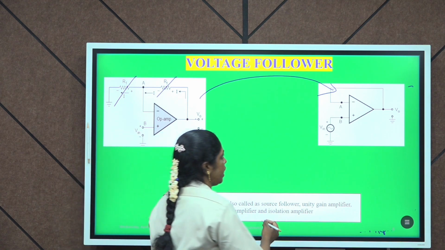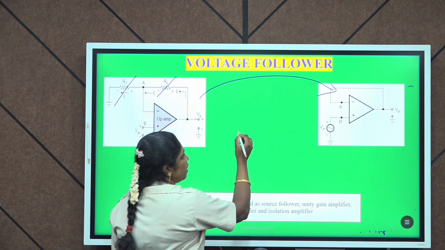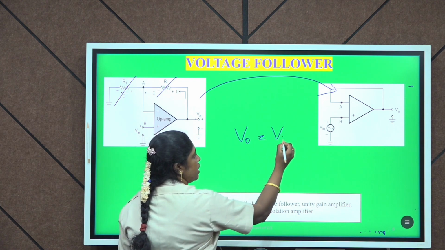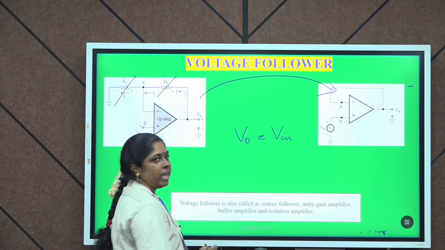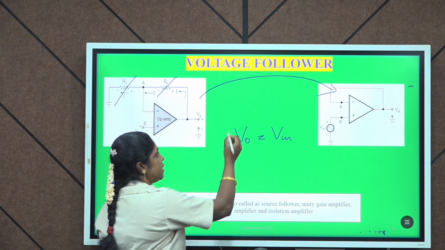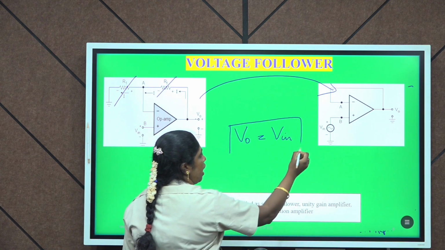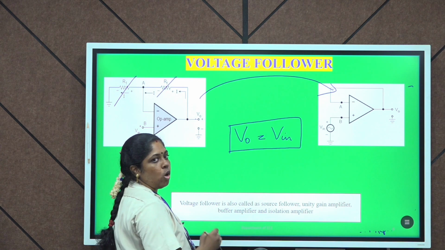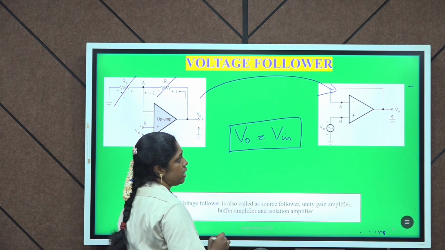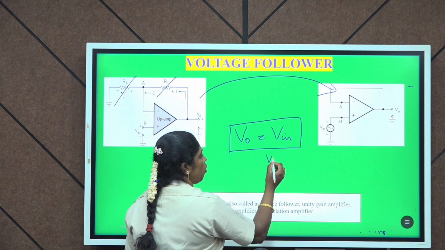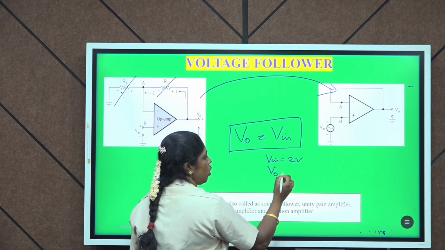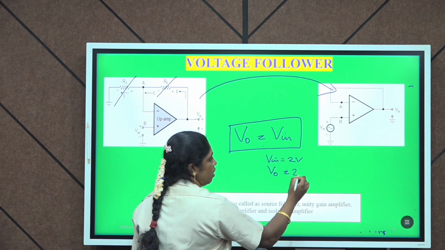In the voltage follower circuit, whatever input is given, we get at the output of the operational amplifier. So the output always follows the input, so we call it a voltage follower. When the input voltage is 2 volt, at the output also we will get the same 2 volt.